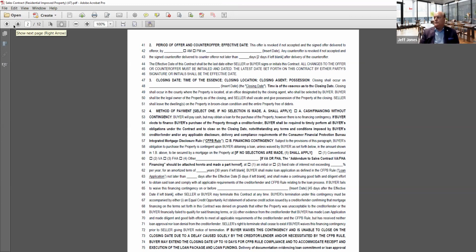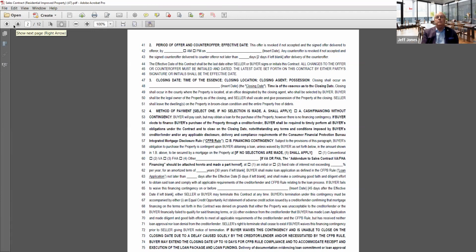So I encourage you strongly to make sure your buyer or seller, when they're signing or countering an offer, initial it and date it, so that your effective date becomes the best possible date when there's a full agreement of all the parties to the contract.